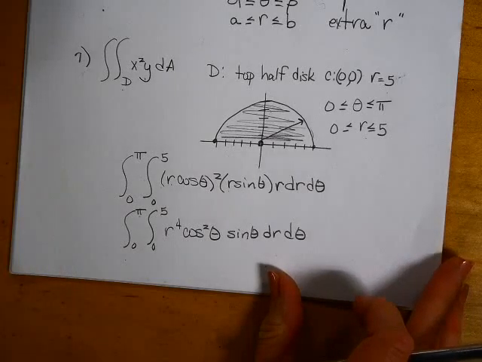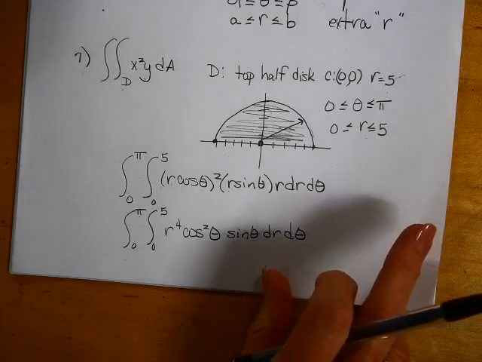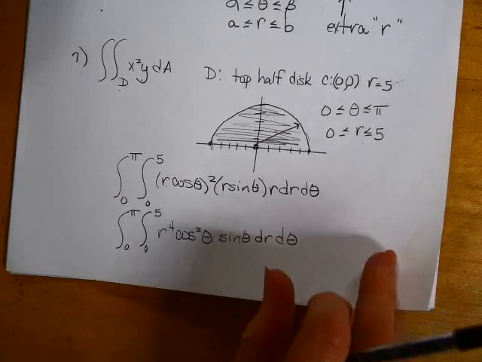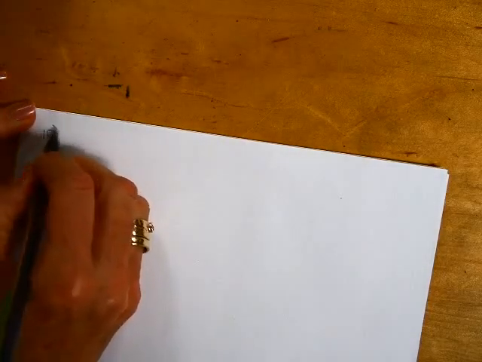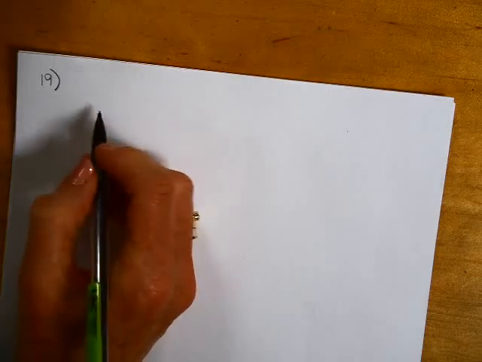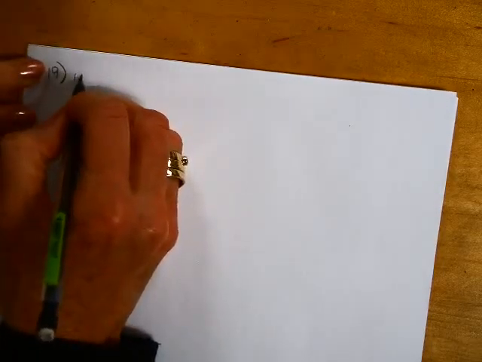Let's look at number 19. All right, number 19, use polar coordinates to find the volume of the solid.